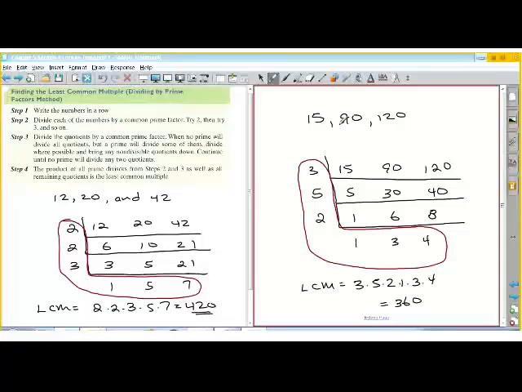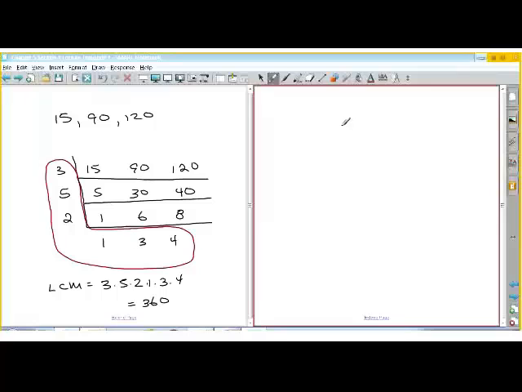You can see this if you take 360 and divide it by 15, it's the 24th multiple of 15. If you take 360 divided by 90, you get 4, so 360 is the 4th multiple of 90. And 360 divided by 120 is 3, so 360 is the 3rd multiple of 120.